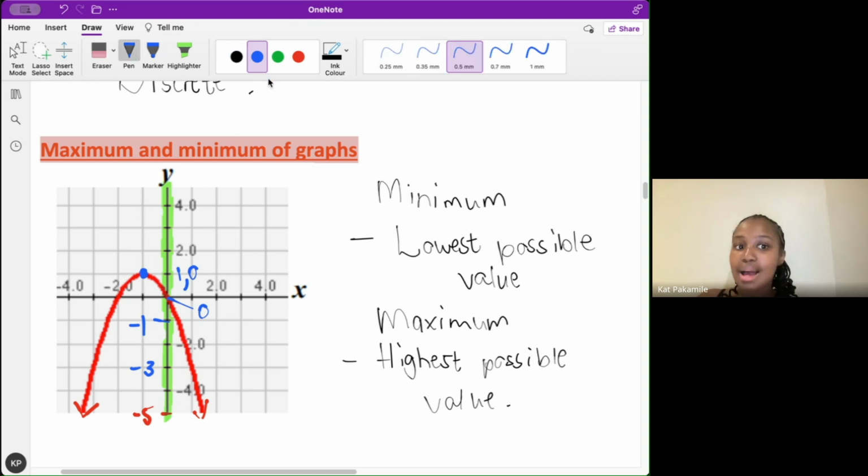So if it is the highest possible value, does this graph have a minimum or does it have a maximum? Spa and Leachilwe, do you understand what I mean? When I say it is the highest possible value, it is indeed a maximum.